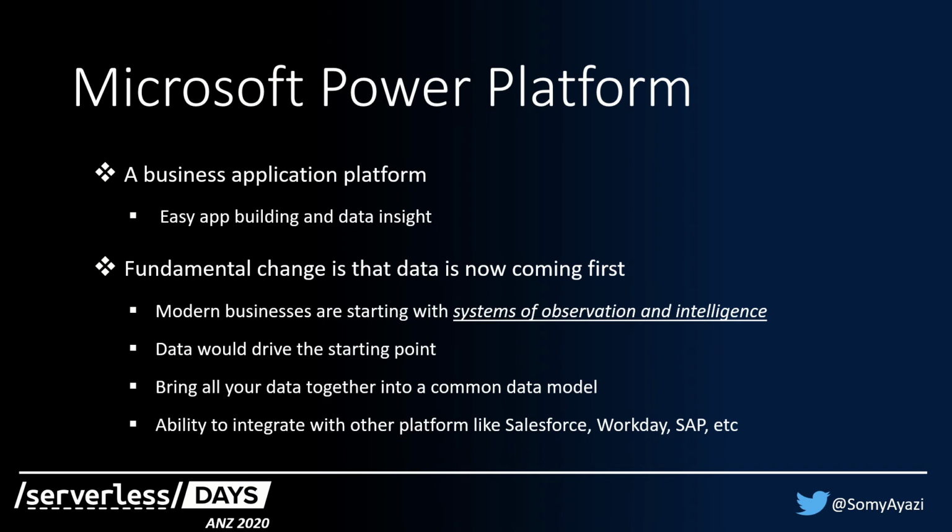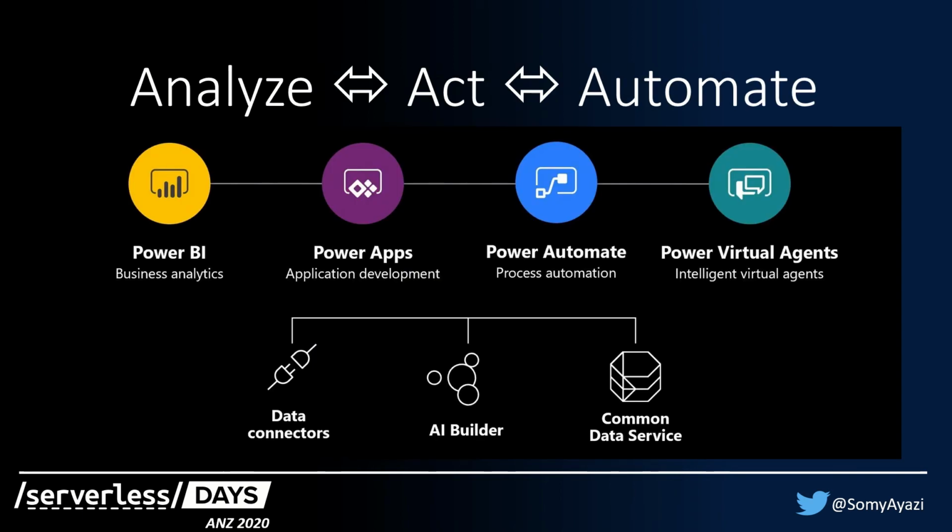We can integrate different solutions, and we can start reading from different types of data within the same platform. So it's a central location for us to easily build applications and automate our business processes. It contains Power BI, which is the business analytics service that Microsoft provides. It uses the data that is stored in the Common Data Service as well as other databases.